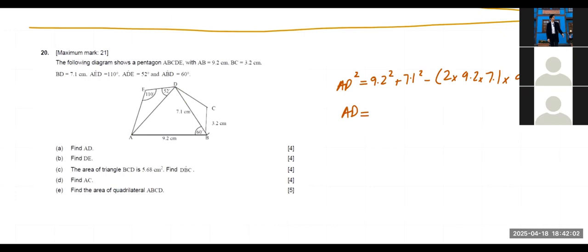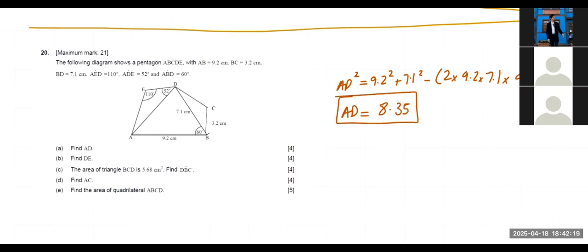When you square root that, it's going to be 8.35. Perfect. So we know AD now.